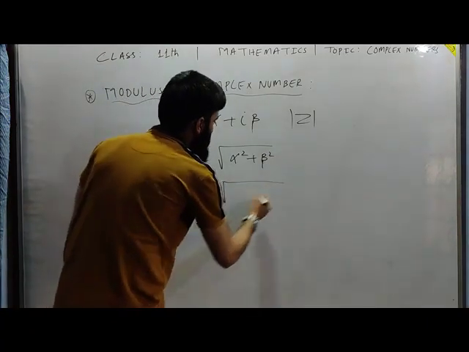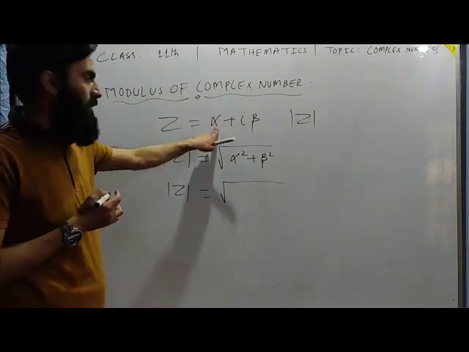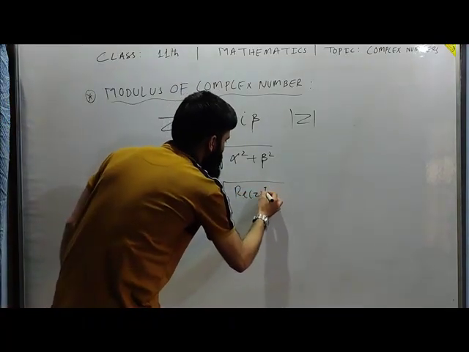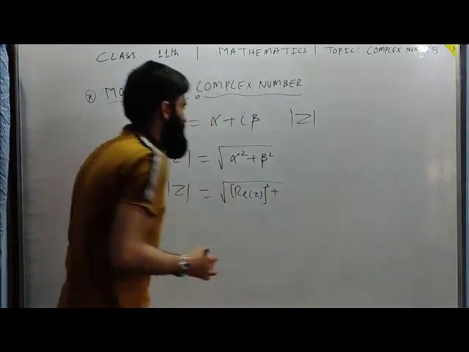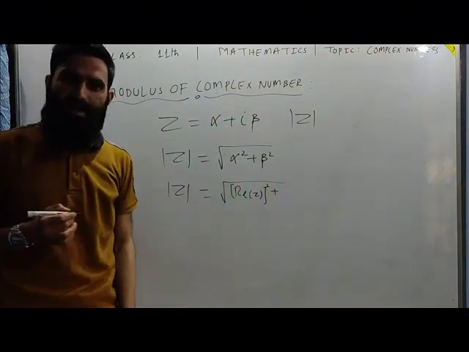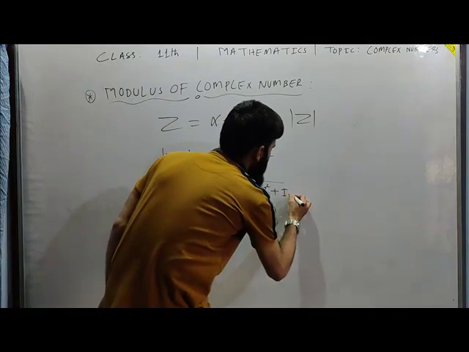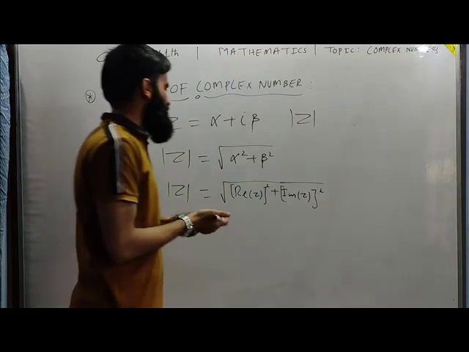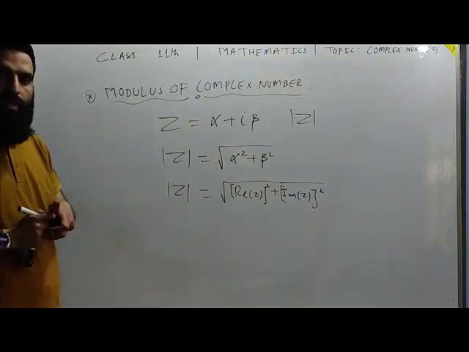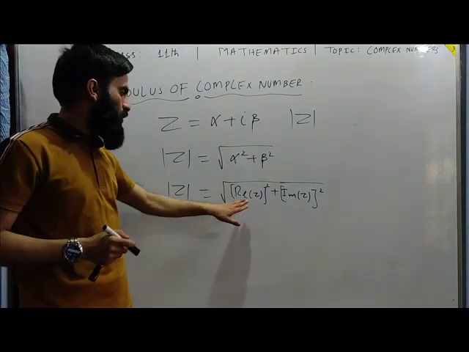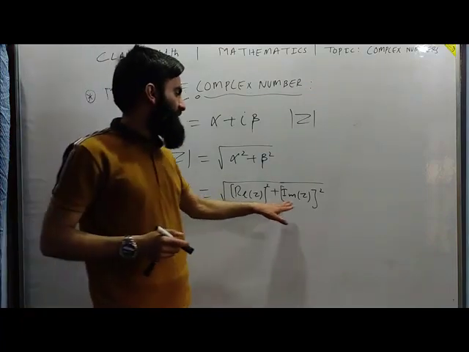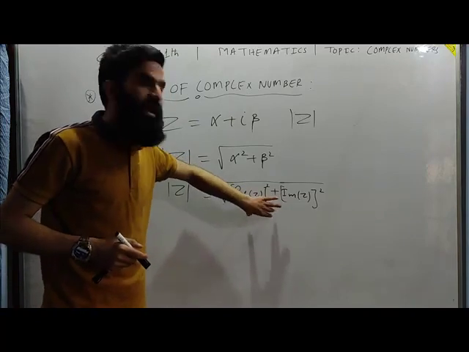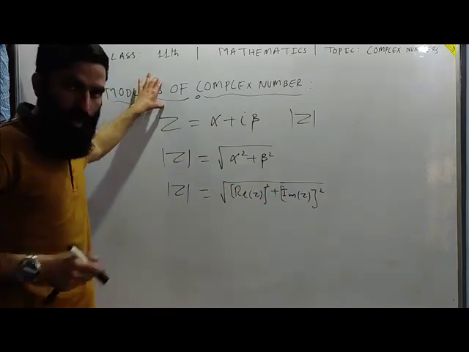Or, remembering that alpha is the real part of z, we can say it is the real part of z squared, plus, since beta is the imaginary part of z, the imaginary part of z squared, all under the square root. So the modulus of a complex number is basically the square root of the real part square plus the imaginary part square. This value is going to provide us the modulus of a complex number.